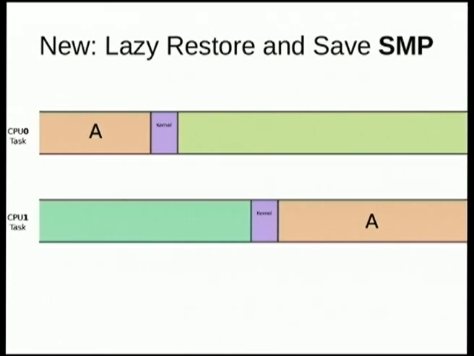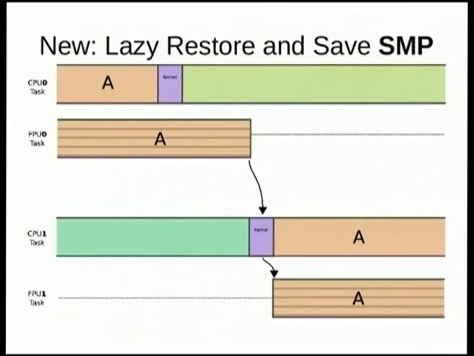Then CPU 1 comes along running another task, and it wants to switch over to A. But possibly we have our floating point state still on CPU 0. So we've now put the floating point units back in again. We've got CPU 0 and floating point unit 0 at the top, and CPU 1 and floating point unit 1 at the bottom. So CPU 1 has to get the state from CPU 0.